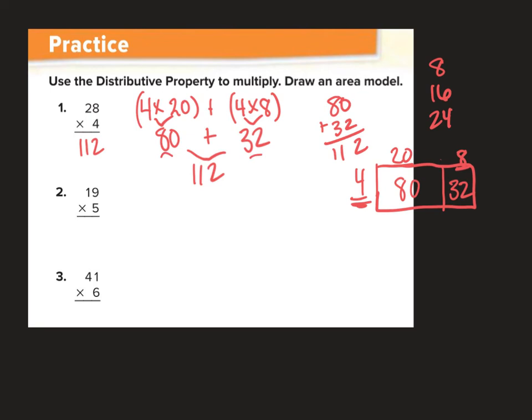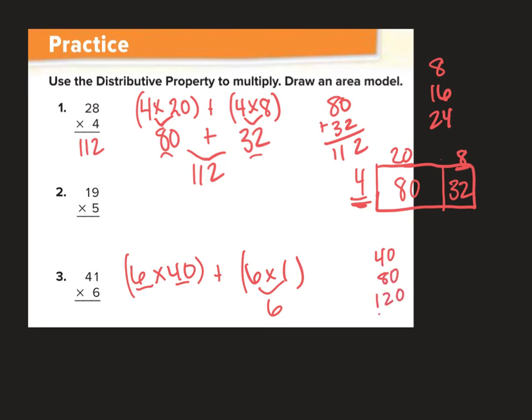Okay, I'll do this one on the bottom here. I'm going to break 41 into 40 plus 1. So I'm going to do 6 times 40 plus 6 times 1. We know that's 6. 6 times 40. Okay, so I'd go 40, 80, 120, 160, and 200.